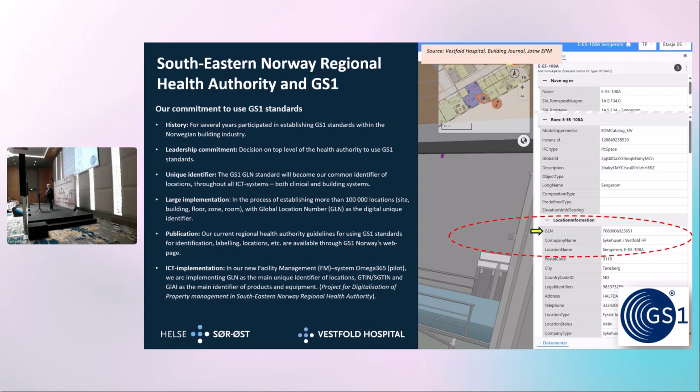It's called Omega 365, and we are now in the phase of implementing that. We are finished with the pilot period, and we're using GIAI, GTIN, and GLN as identifiers throughout the systems.